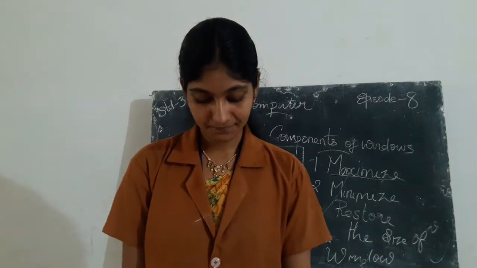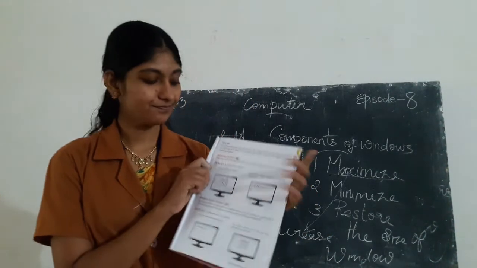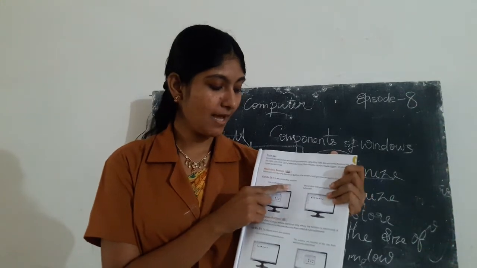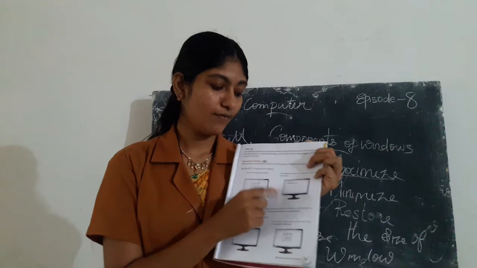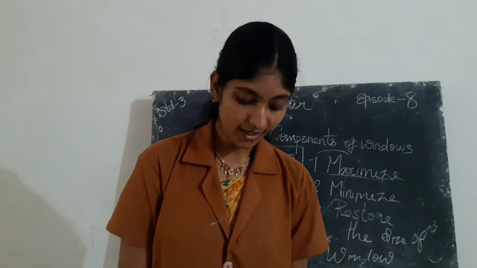That is the first option. Click on the maximize button, and the window will get maximized to cover the full screen. Here is the first window, and after clicking the maximize button, it will get maximized and fit to the full screen. Then second one is what?